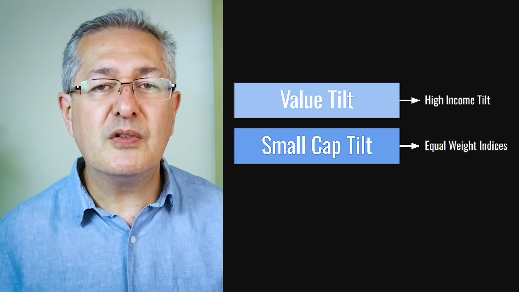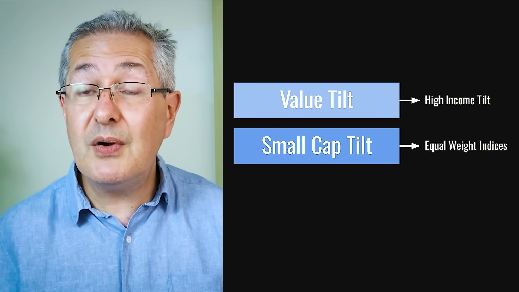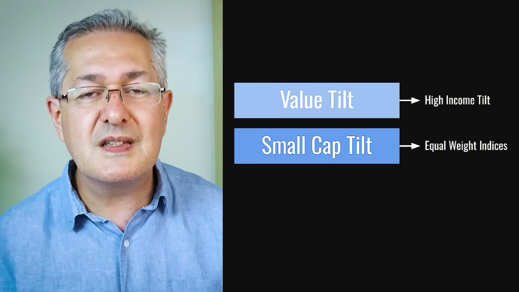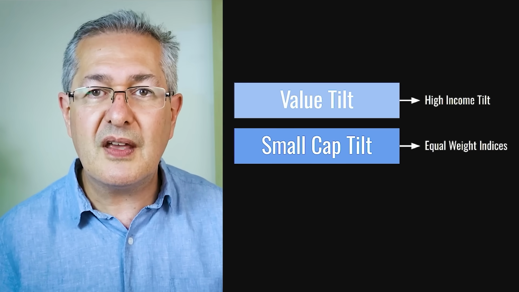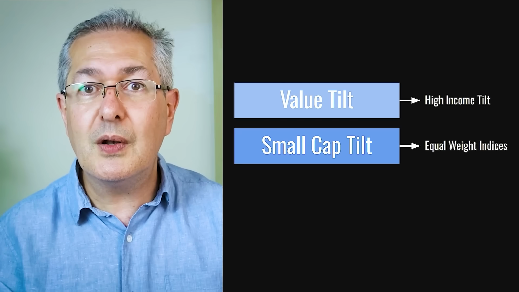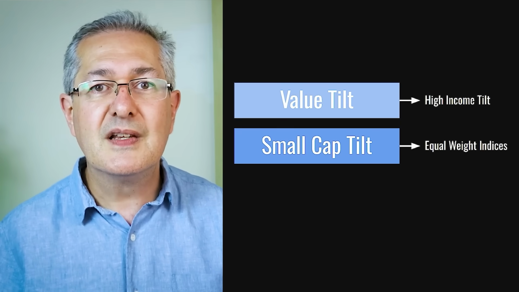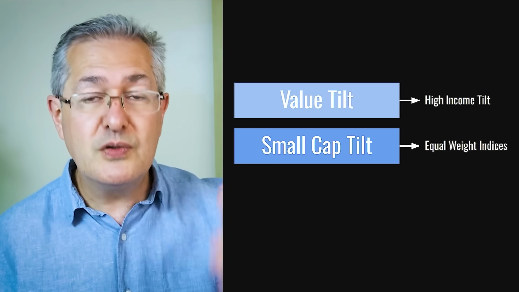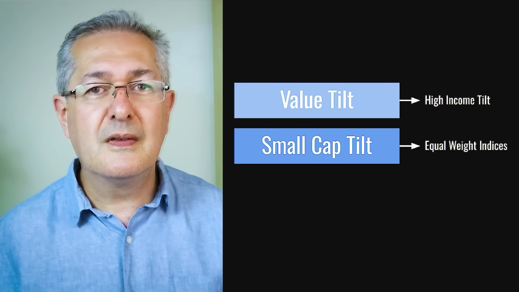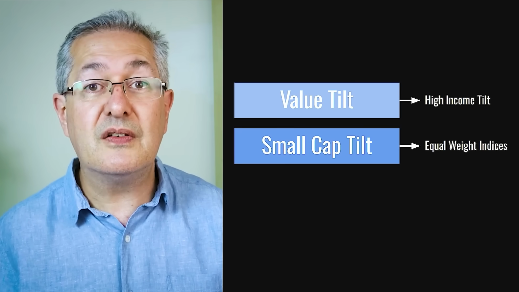But I'd be wary about tilting towards small caps because if there is a downturn in global markets, it's usually the small caps that suffer. Plus, this is a much more volatile way of investing. Small caps tend to have hugely fluctuating prices. And of course, that'll be reflected in the returns of the fund.